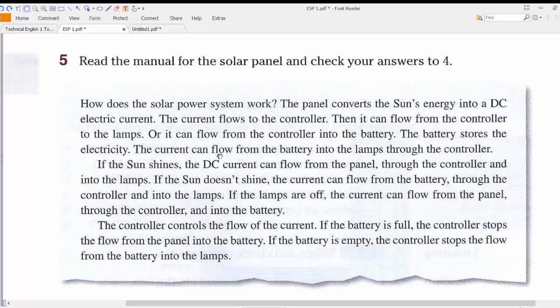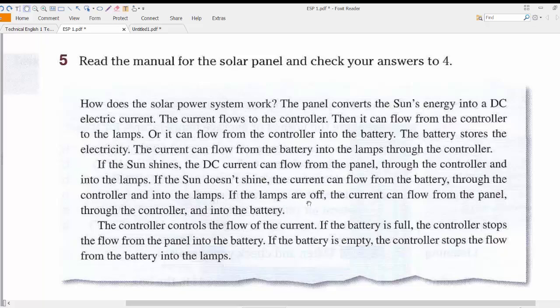Stores, تخزن, تحفظ the electricity. The current can flow from the battery into the lamps through the controller. If the sun shines, the DC current can flow from the panel through the controller and into the lamps. If the sun doesn't shine, the current can flow from the battery through the controller and into the lamps.